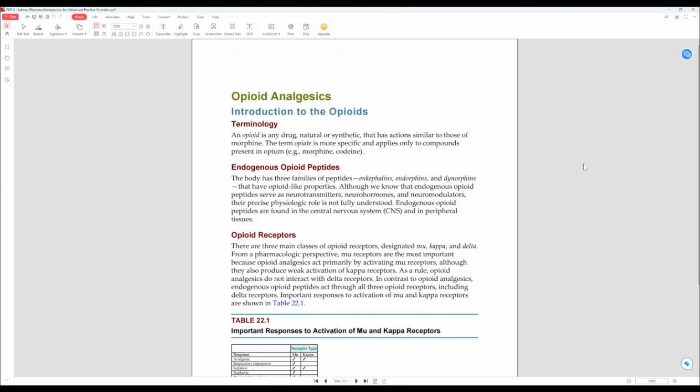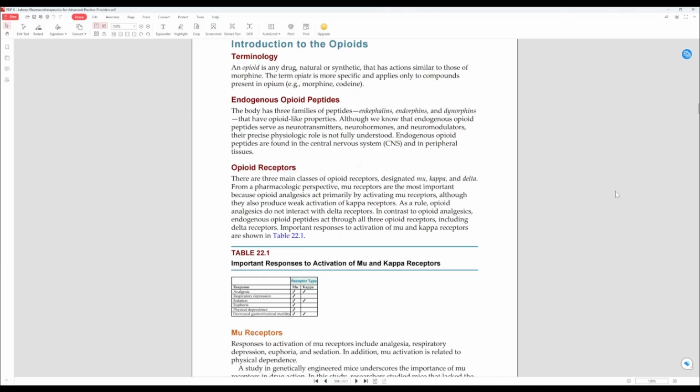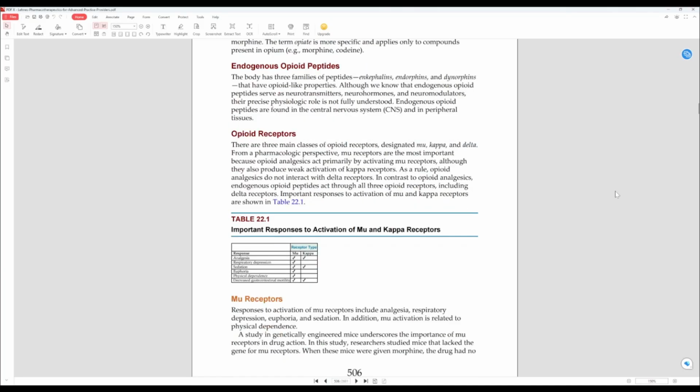So, opioid analgesics. The introduction. The terminology: an opioid is any drug, natural or synthetic, that has similar actions to those of morphine. The term opiate is more specific and applies only to compounds that are present in opium. The endogenous opioid peptides.